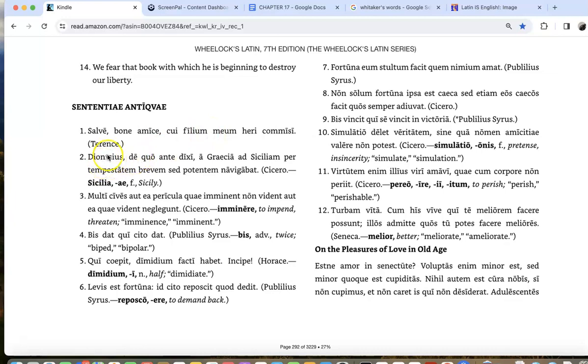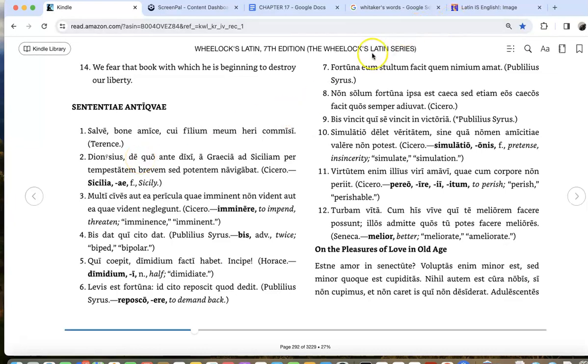All right, let's move on here. Again, these wonky characters because this is the Kindle version, but that's Dionysius. So, Dionysius de quo antea dixi e Graecia ad Siciliam per tempestatem brevem sed potentem navigabat. So here, anytime we have a longer sentence, we're probably going to need to look up the words first and then kind of chunk it word by word, clause by clause.